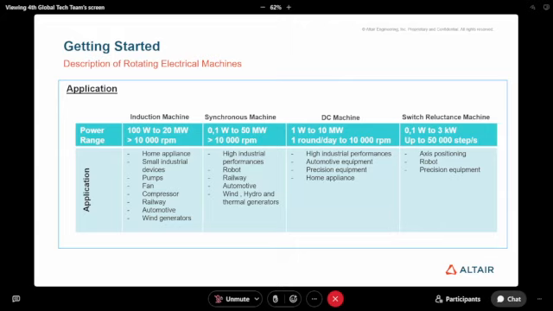Switch reluctance machines are mainly used in precision equipment where we need to move by a few angles and not high speed rotation, like a robot, for instance. So depending on the application, we can choose one machine that can be better than the other one.